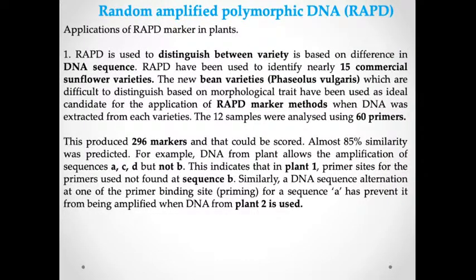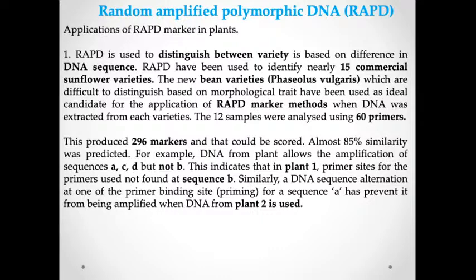Some of the applications: RAPD marker methods could be used in bean varieties. 12 samples were analyzed using 60 markers. Here we can see that RAPD has produced 296 markers that could be scored, and almost 85% are similarly predicted.